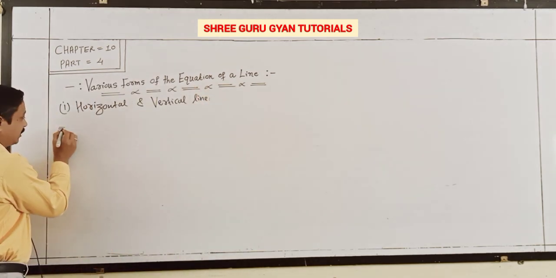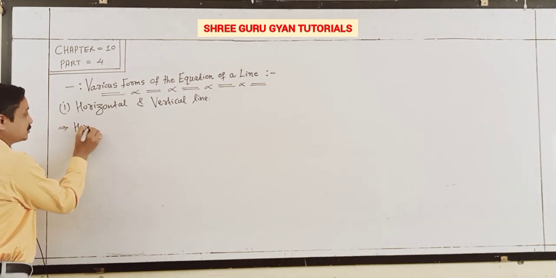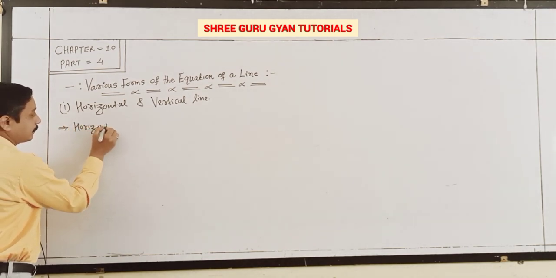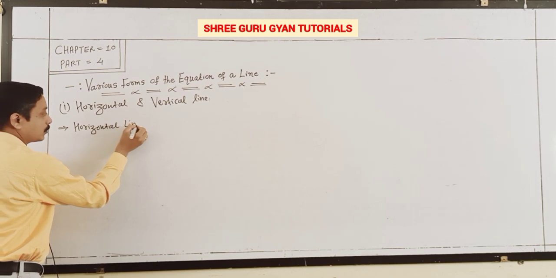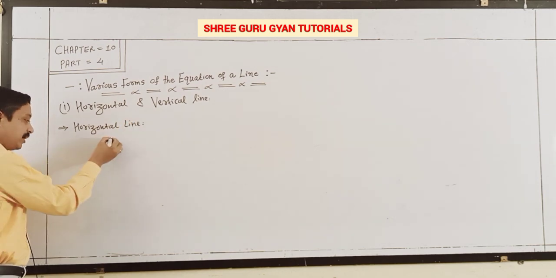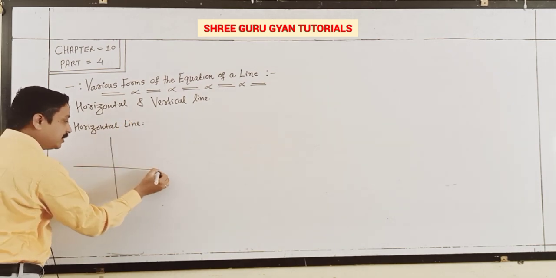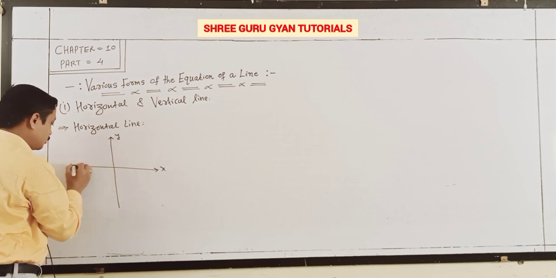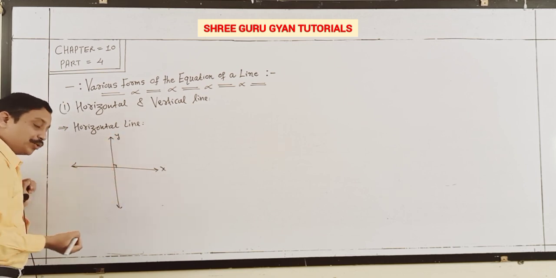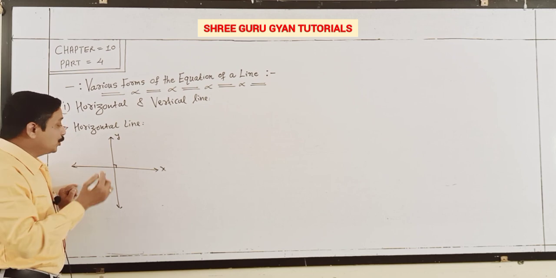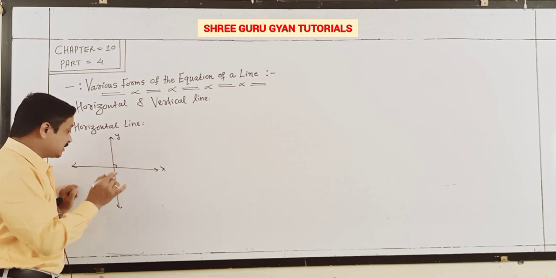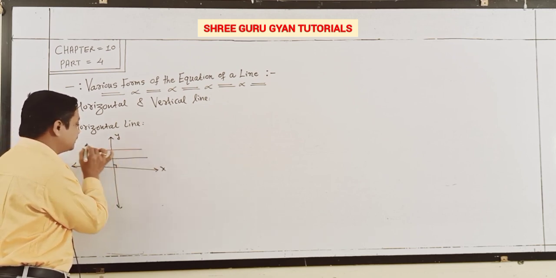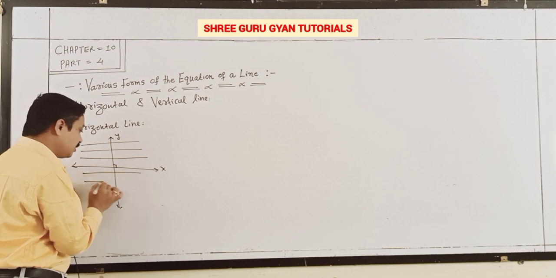So first I go with the simple horizontal line. Just draw the x-axis, y-axis and origin. Now horizontal means parallel to the x-axis. All those types of lines lie here.